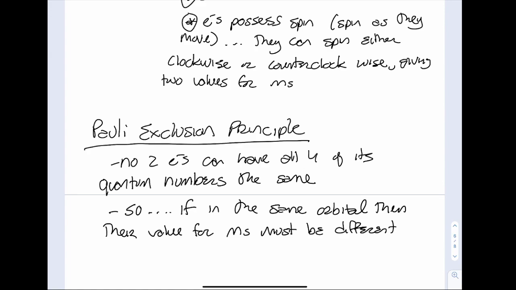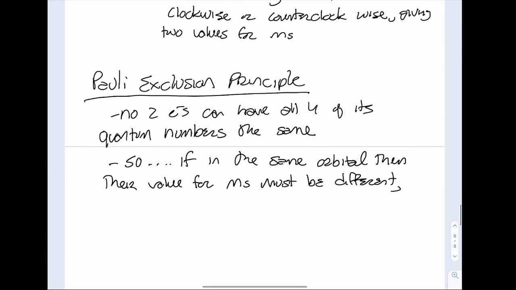Right? If there was 4 values for m sub s, I could put 4 electrons in an orbital. If there was 16 values for m sub s, I could put 16 electrons in an orbital. But since there's only 2 values, there's only 2 electrons. So if in the same orbital, then their value for m sub s must be different.